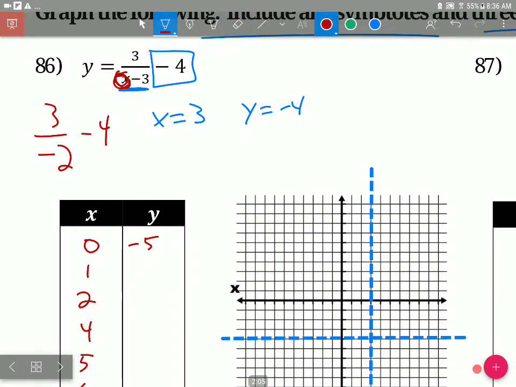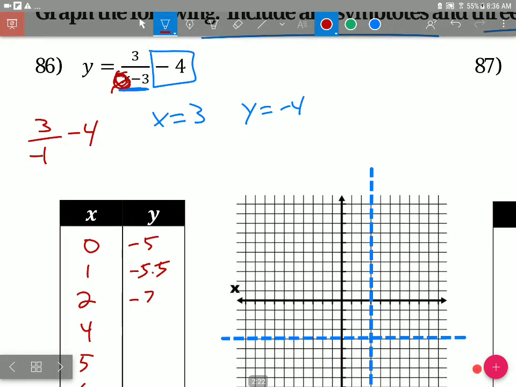Losing my mind. -5.5. All right, let's do the 2. If I plug in a 2, that's 3 over 2 minus 3, that's -3, minus 4 is -7.